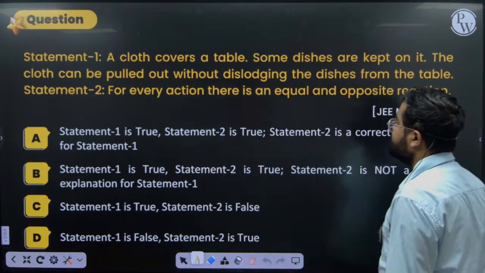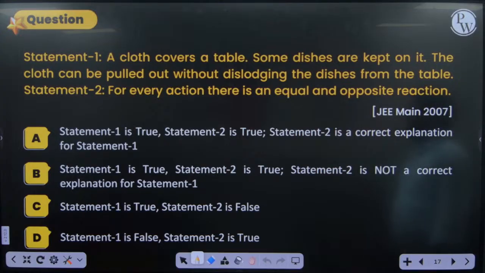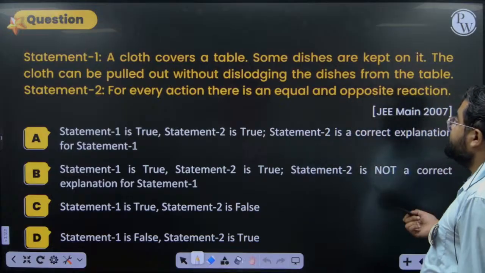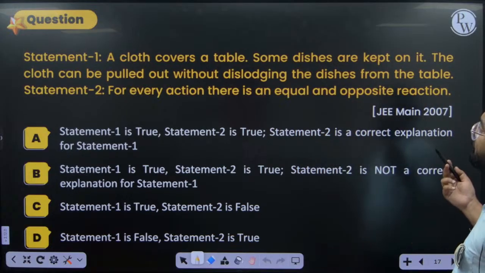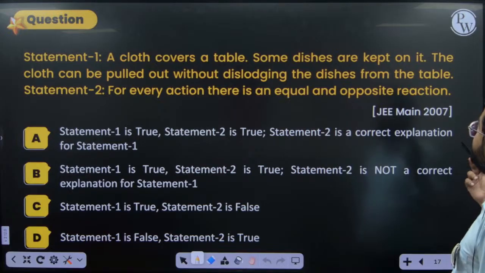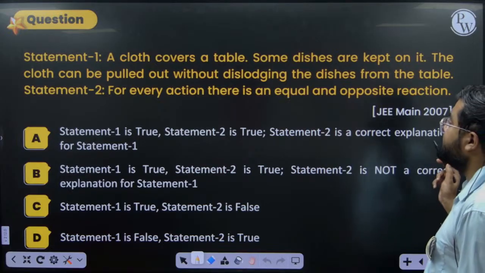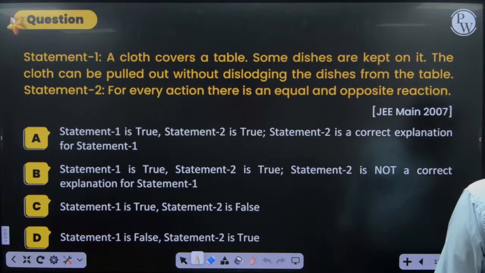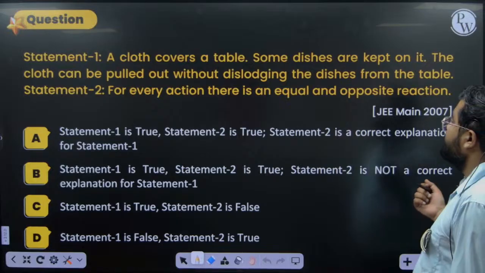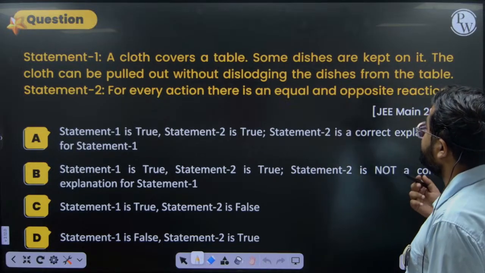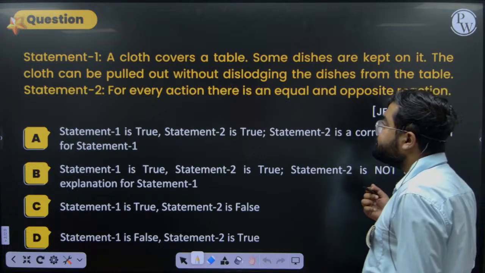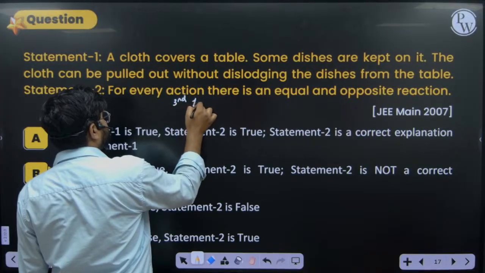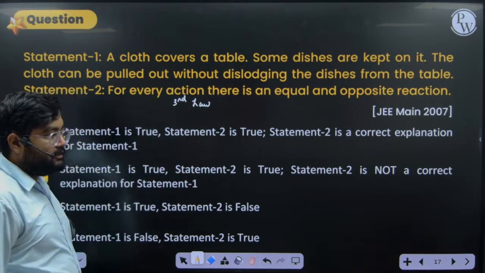Let us see this question. Two statements are provided and we have to choose the correct options. First statement says, a cloth covers a table and some dishes are kept on it. The cloth can be pulled out without dislodging the dishes from the table. Statement 2, for every action there is an equal and opposite reaction. Statement 2 is the third law. It is correct.